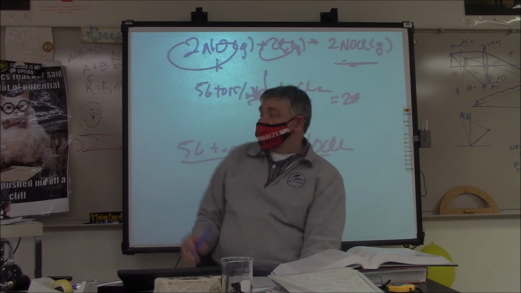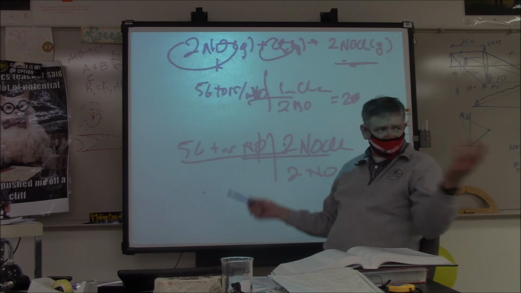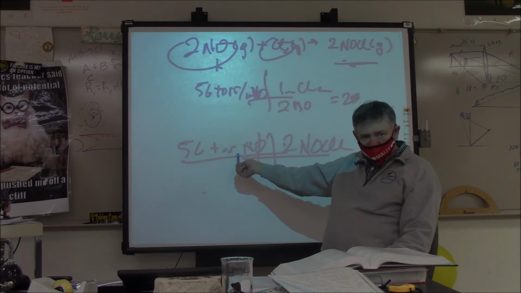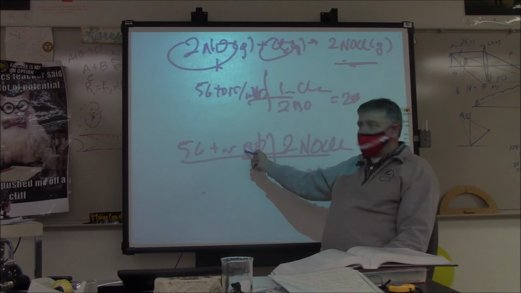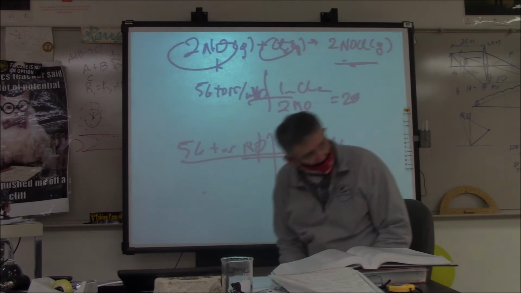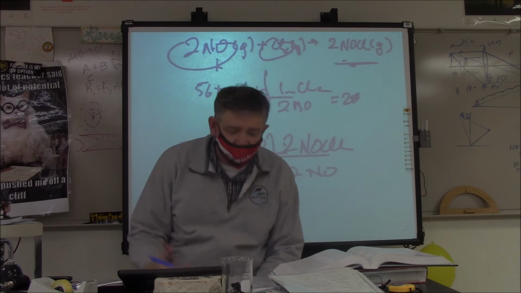This is 2-to-2, but it's a 1-to-1 ratio, right? So if I'm losing 56 torr of NO, guess what? I'm gaining 56 torr of NOCl, because it's just a simple story.